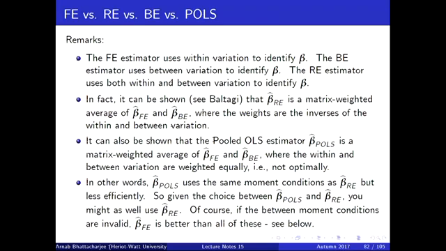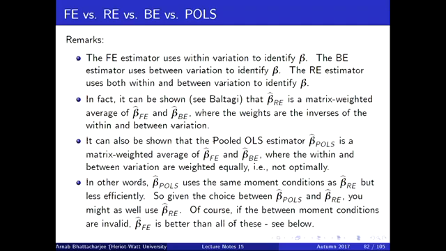Why is it more efficient? It is more efficient because it is using the structure of the data, right? In order to split the variance into two parts, it is actually using the fact that each individual is observed over t periods of time. Another individual is also observed over t periods of time. That information is not used by pooled OLS. And because it is not used by pooled OLS, pooled OLS is less efficient.